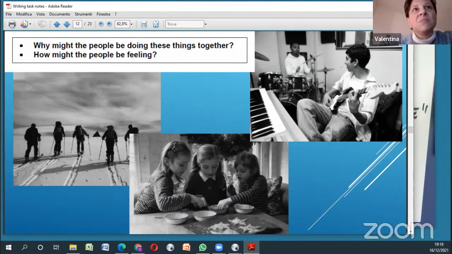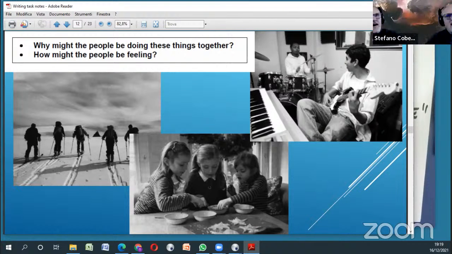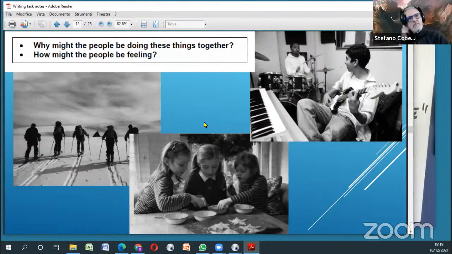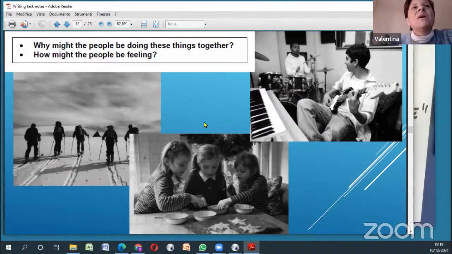Why are they doing these things together, and how do you think they're feeling? So the first why could be because sharing experience improves the quality of life for each other, in general, and because to make things together, you need to be more than one.